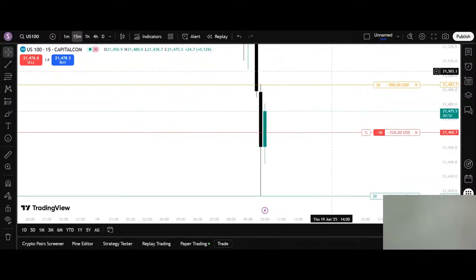Last candle. Okay, price has made a bearish FVG.